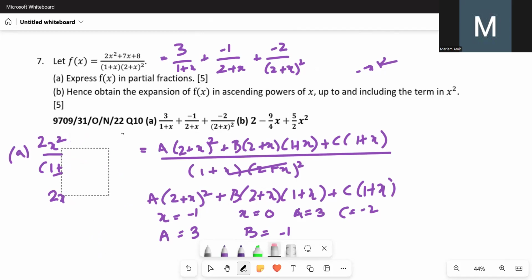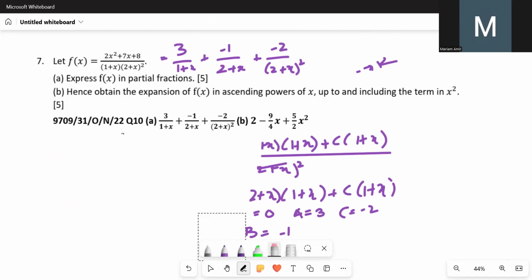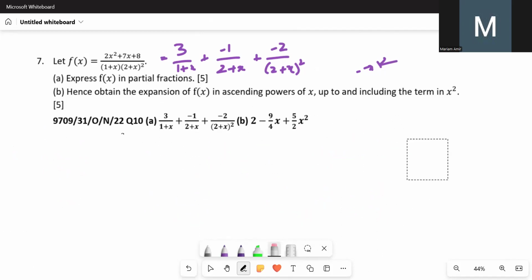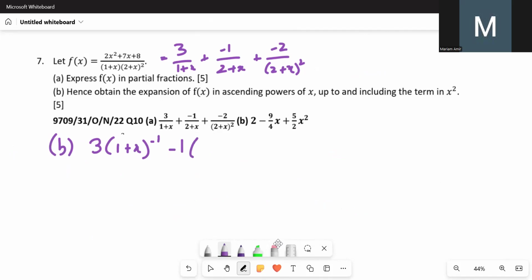In part B, we have to hence obtain the expansion of f(x) in ascending powers of x up to and including the term x squared. So for part B, it's 3 (1 plus x) to the power minus 1, then minus 1 times (2 plus x) to the power minus 1, and then minus 2 times (2 plus x) to the power minus 2.